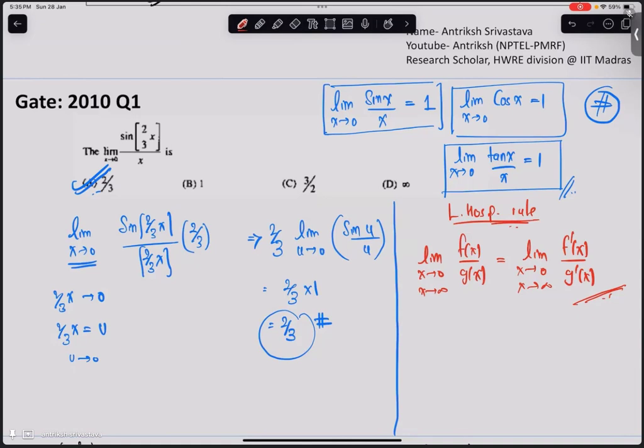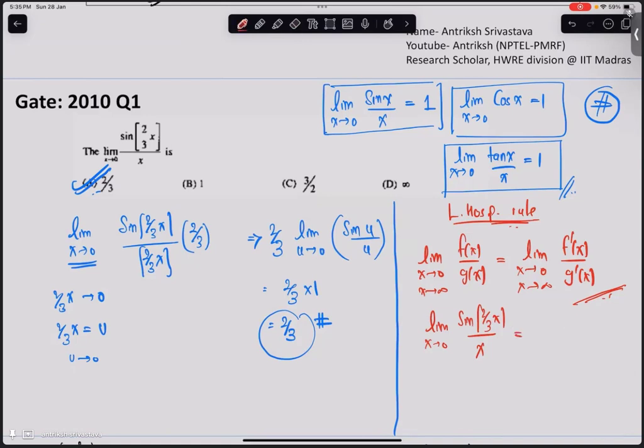So we have limit x tending to 0 of sine(2/3 x) divided by x. Let's apply L'Hospital rule. Why can we apply? Because sine of 0 is 0 and x will go to 0, so 0 by 0 is there. That means this is eligible for L'Hospital rule. So let us apply.